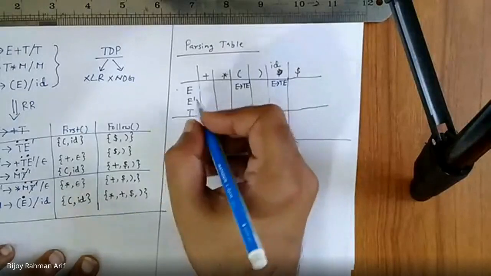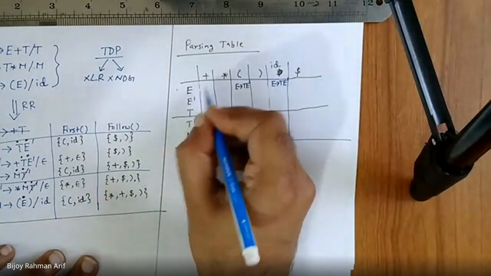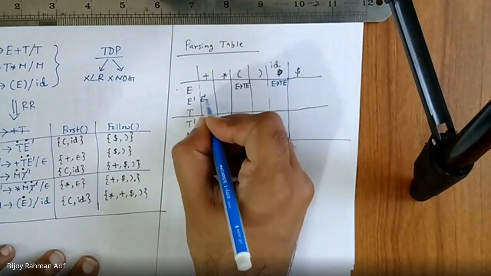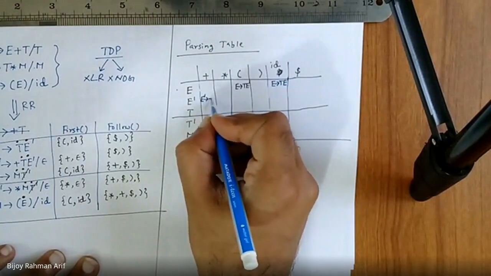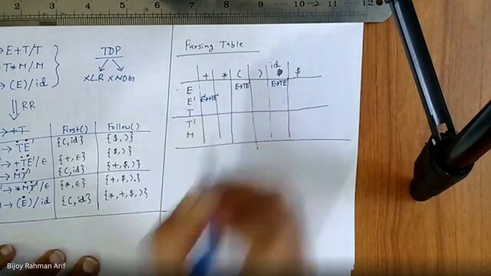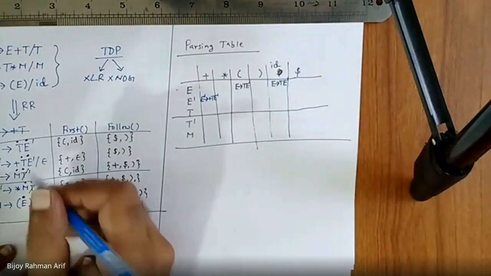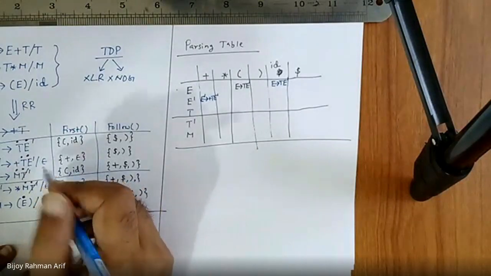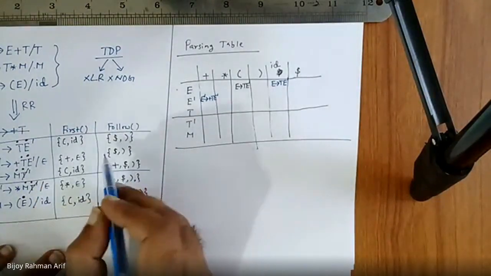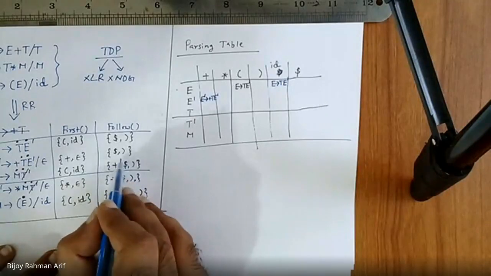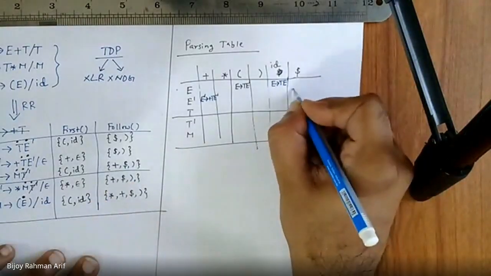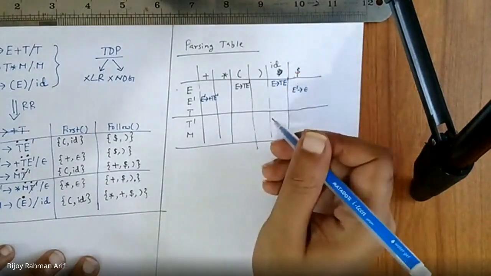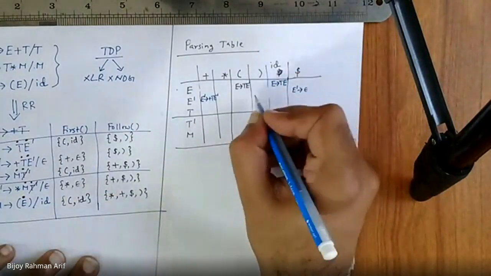So we put it in the E dash row, plus column: E dash derives plus TE dash. Second one, E dash derives epsilon. So by rule number 2, we have to put E dash derives epsilon in follow of E dash. What is follow of E dash? Dollar and close parenthesis. So E dash derives epsilon in dollar, and again in close parenthesis.